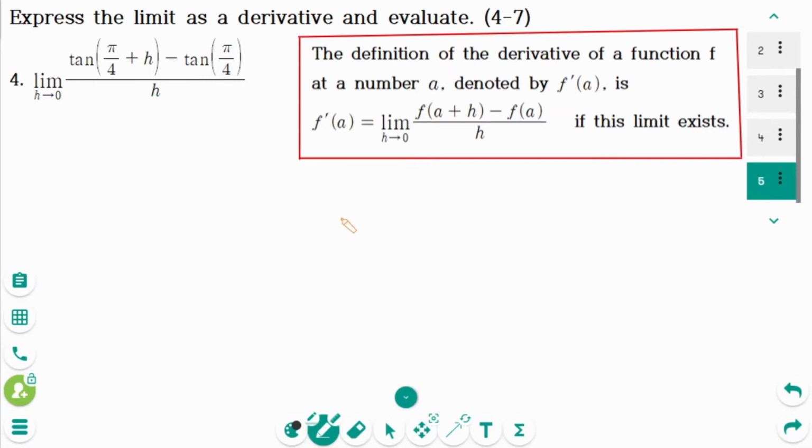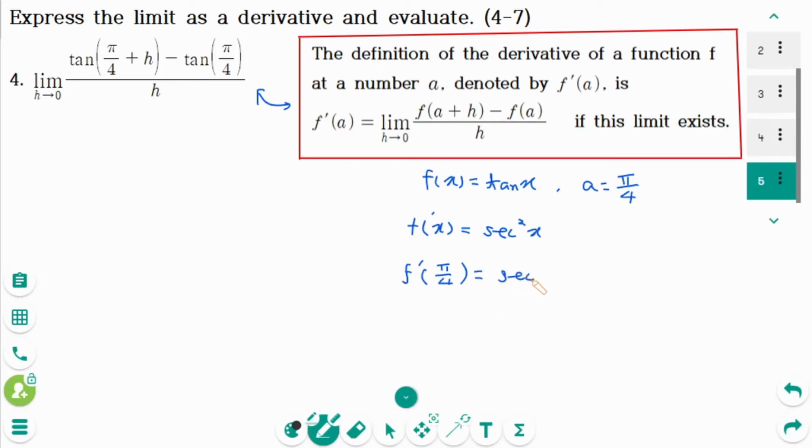This is the next question. When you compare these two limits, you can see f of x equals tangent x and a equals pi over 4. Then the question is f prime of pi over 4. So we have to find f prime of x first, which equals secant squared x.